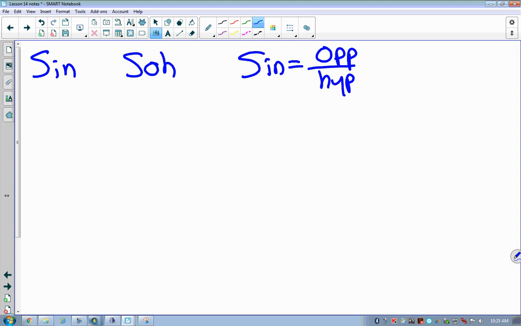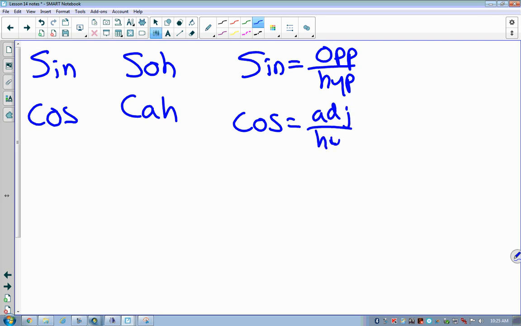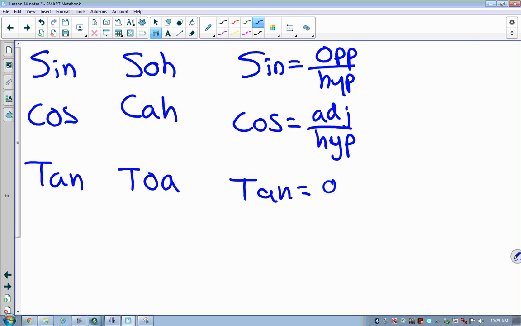Cosine is CAH, because cosine equals adjacent over hypotenuse. And then we have tangent, or TOA. Tan equals opposite over adjacent. So SOHCAHTOA is my mnemonic that allows me to remember what is over what.